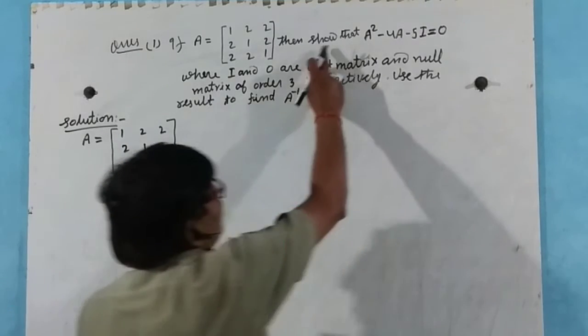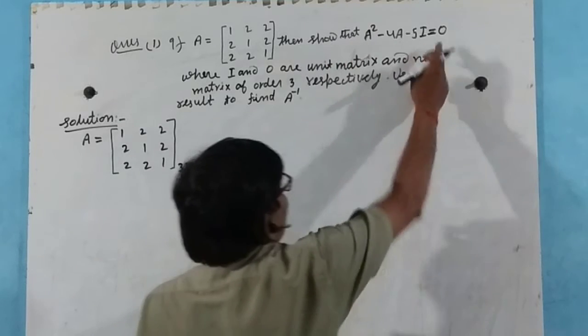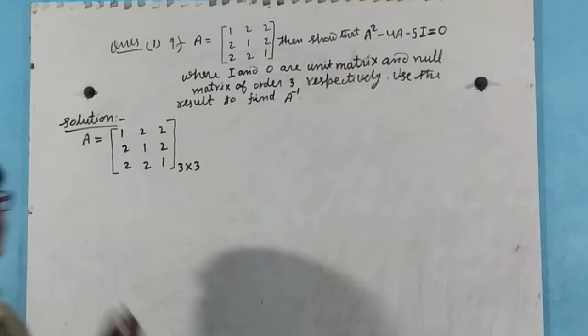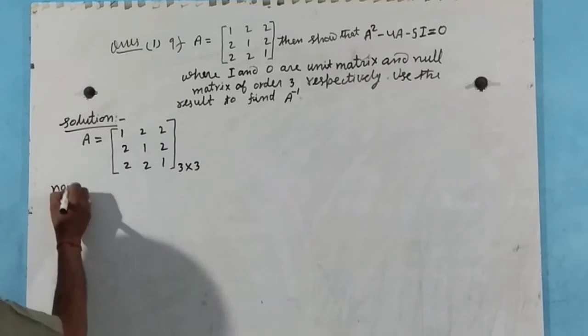Now we have to show that A square minus 4A minus 5I equal to 0.